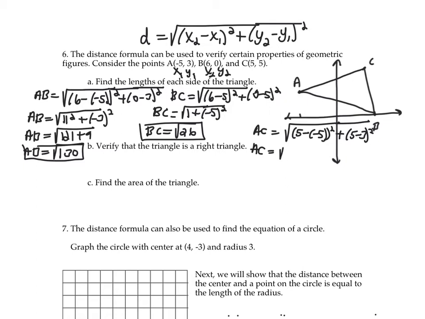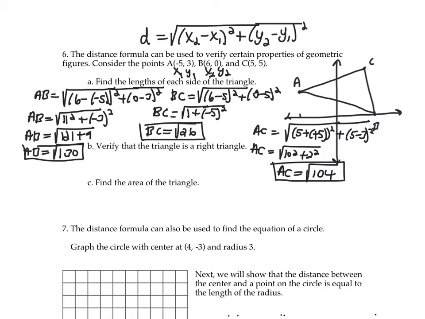And again, be careful with that subtraction. This actually turns into addition. So 5 plus 5 is 10 squared. 5 minus 3 gives us 2 squared. So the length of line segment AC will be equal to the square root of 104. Okay, again, that can be simplified, but just hold on to it in this form. It'll make our work a little bit easier.